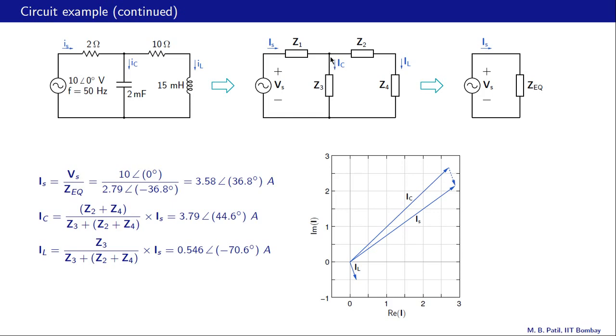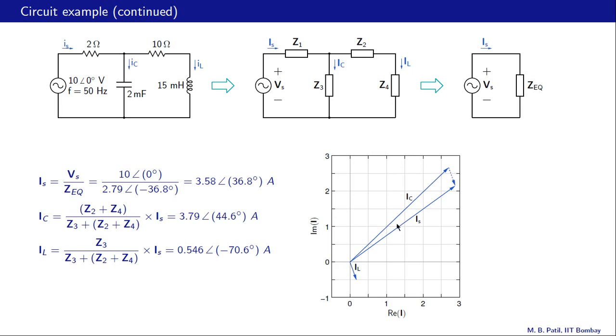What is the equation? We have Is equal to Ic plus IL. Our Is is 3.58 angle 36.8 degrees. That is this vector. Its magnitude is 3.58 and this angle is 36.8 degrees. Ic has a magnitude of 3.79, so a little bit larger than Is, and an angle of 44.6 degrees.